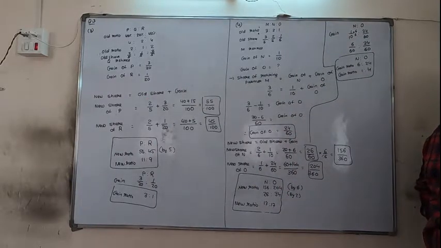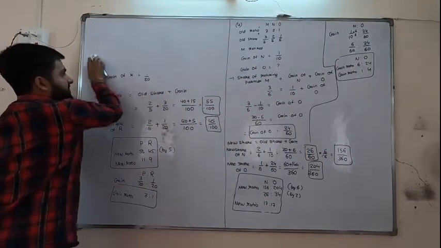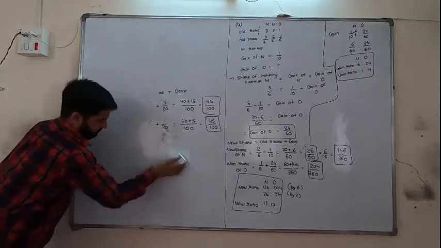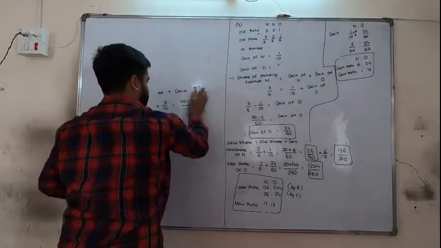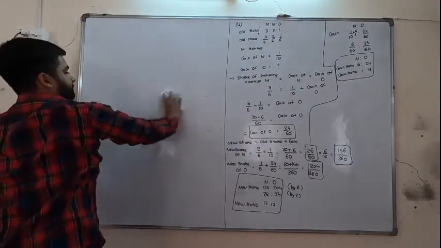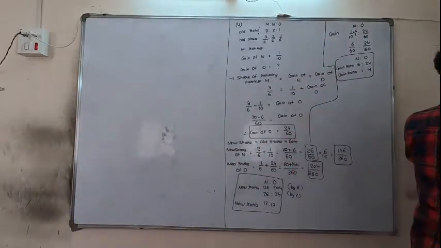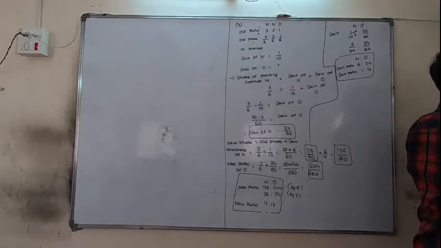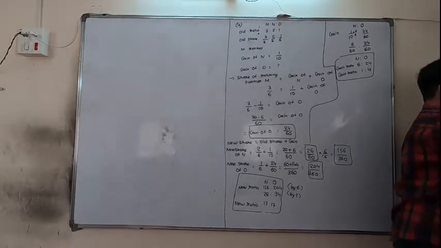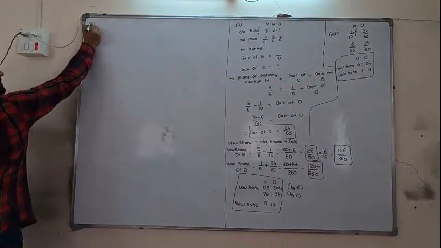Now case 2 is for 6th sum. So everyone see 6th sum.